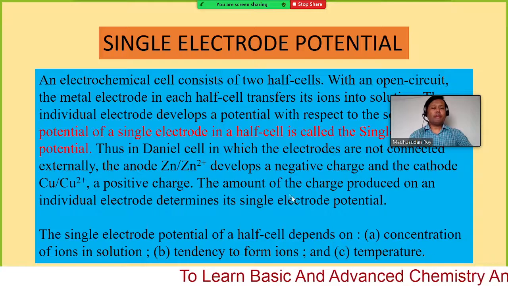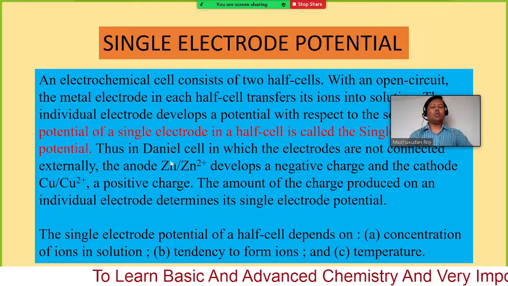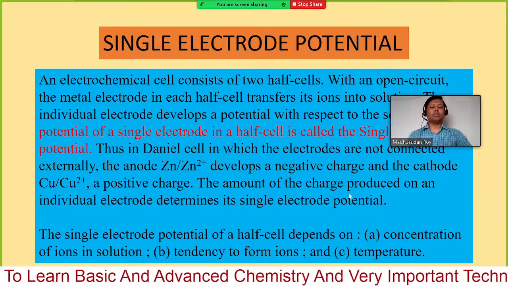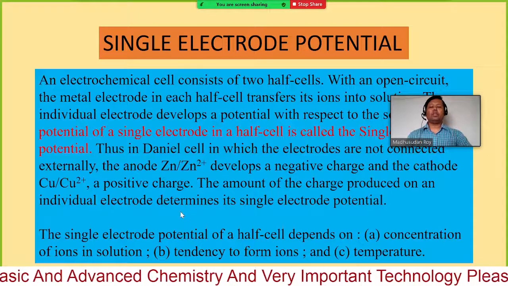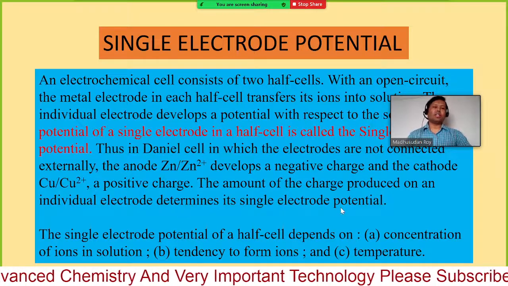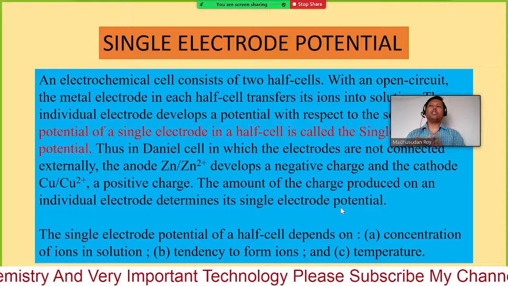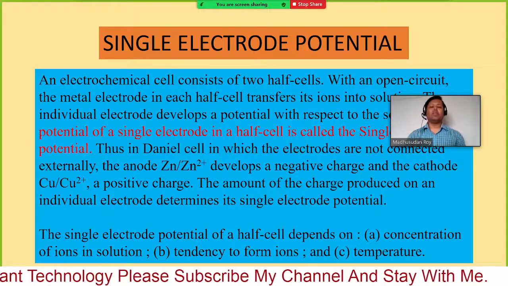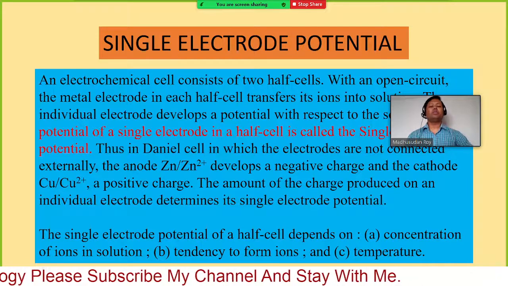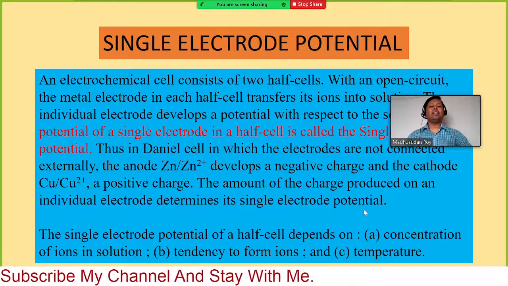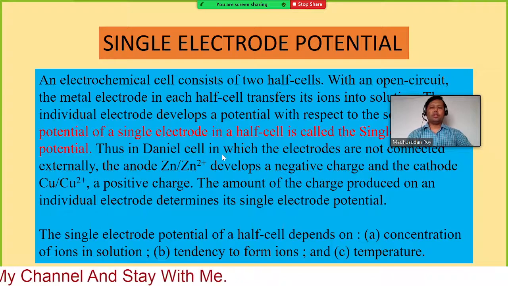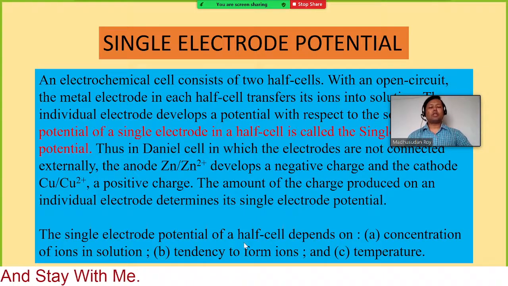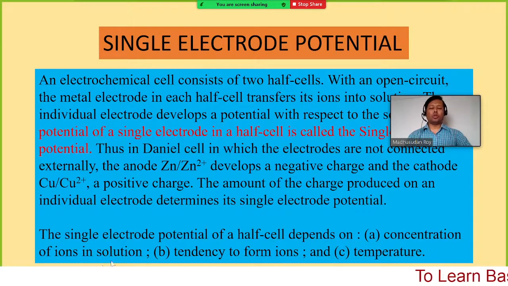So how much charge is produced on an individual electrode determines its single electrode potential. If it produces a lot of charge, then it will have a high electrode potential.